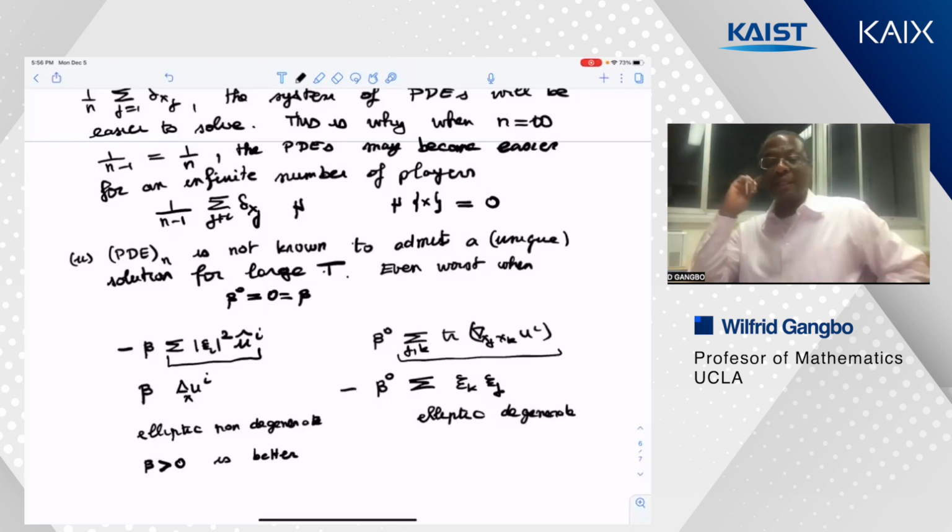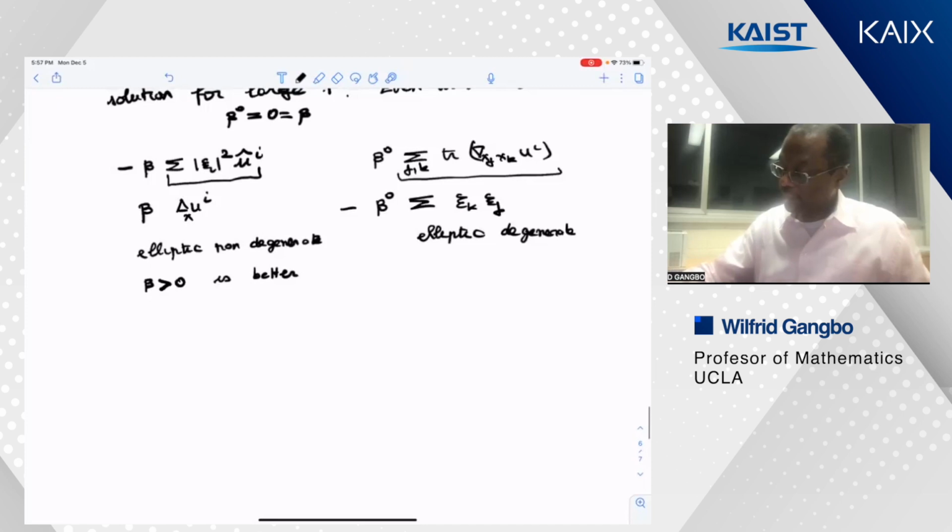This is why from the beginning, what has been well understood is the game with individual noise. Individual noise means beta greater than 0. Beta is the intensity for the individual noise game, and beta naught is the intensity for the common noise game.